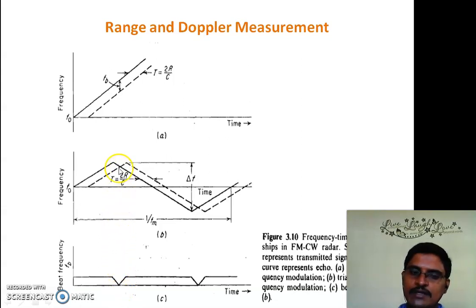After this point the difference increases, and at this point the difference is constant up to this point. After this point the difference decreases to 0, once again increases and is constant. So this is the beat frequency difference between the transmitted signal and the echo signal.